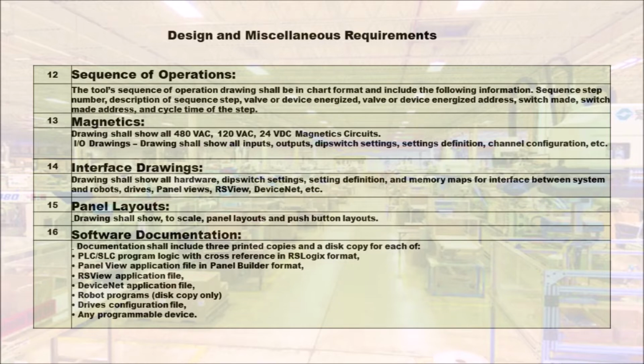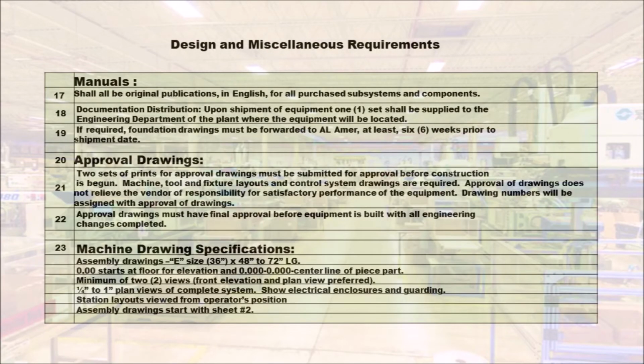DeviceNet application file. Robot programs, disk copy only. Drives configuration file. Any programmable. 17. Manuals. Shall all be original publications, in English, for all purchased subsystems and components.